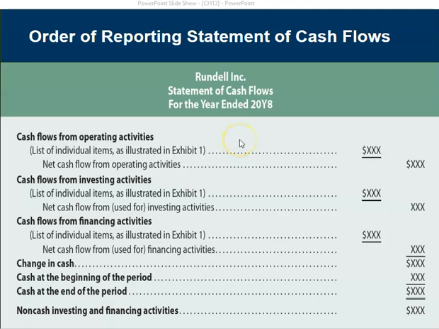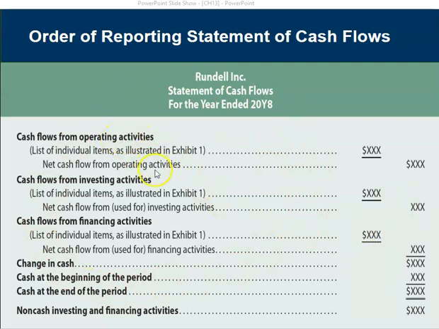What we have here is a little example for this company, Rundle. We don't have any figures here, but it shows you the order. We had something similar to this a few slides back. This is a more formal illustration, no numbers here, but you can see the order.